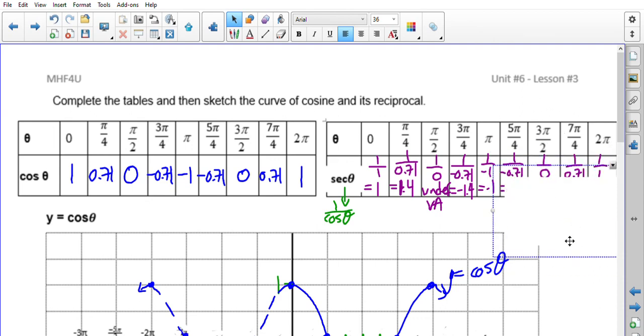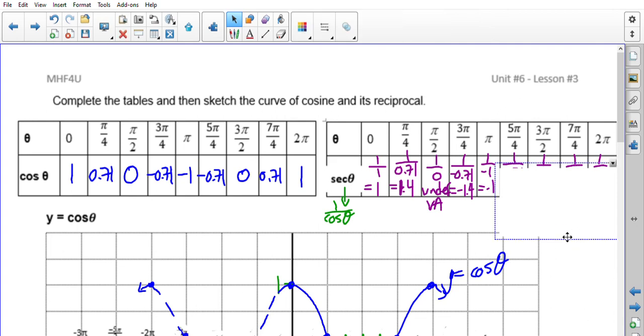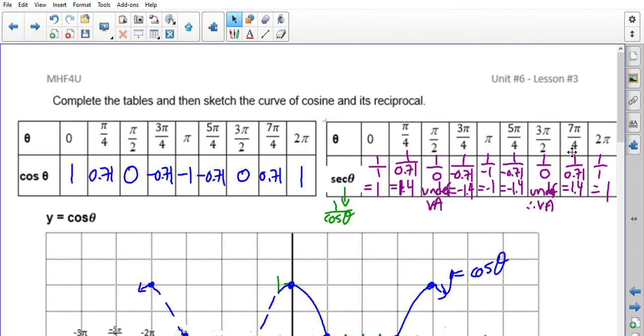Okay, 1 over cos at 5 pi over 4, we get back to -1.4. 1 over cos at 3 pi over 2, we're going to get 1 over 0, again undefined with a vertical asymptote. 1 over cos at 7 pi over 4 brings us back to 1.4.